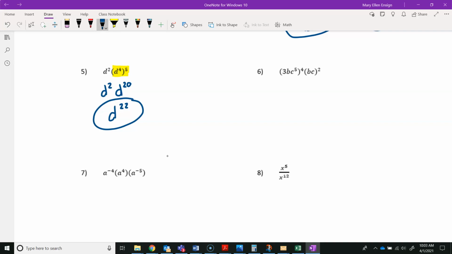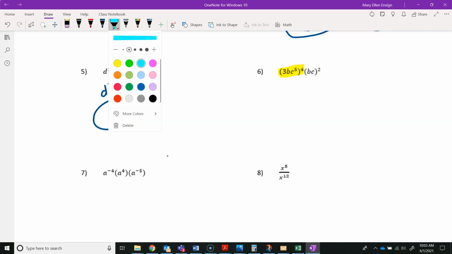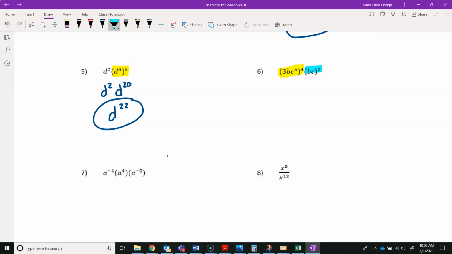So similar idea over here. In this case, both parts have an outside exponent. So this first expression is being raised to the 4th power, and the second expression is being raised to the 2nd power. And then once I've done that power rule, then I can combine any instances of b and c that I have.